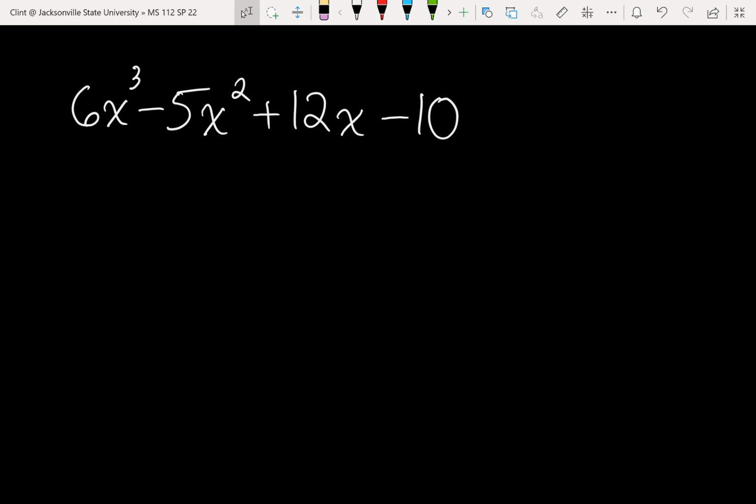Factor. Group here. In WebAssign on this assignment, I think it does say factor by grouping. So that's a little bit of a hint.